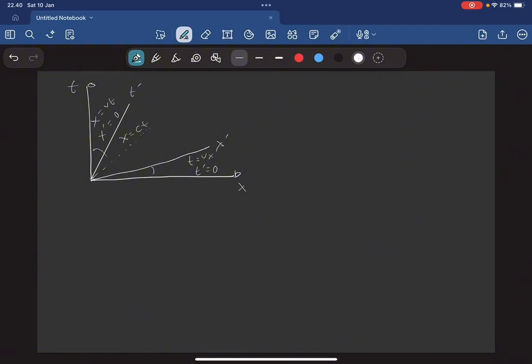Second, we have found what synchronicity actually means in the moving frame. It corresponds to surfaces that are not horizontal but are tilted with slope v. We have figured out the direction of the x prime and t prime axes in the Earth's moving frame. Later on, we will figure out how to mark off the intervals along these axes.